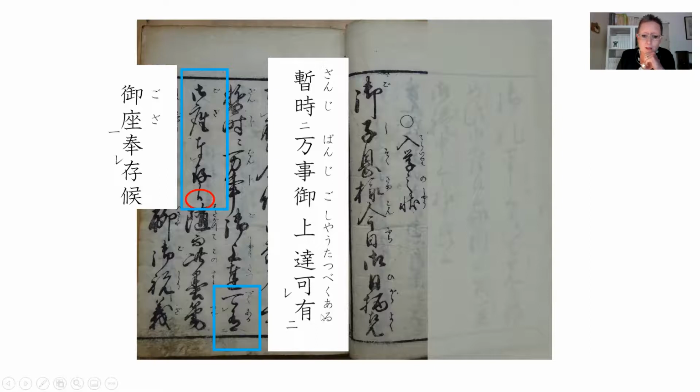This is the character for ari. Again, I would suggest that you stop the video and actually look very carefully at this ari because this is a very commonly used kanji in this particular cursive rendering. Aru, ari, the shushike would be ari, but it is read aru because it is followed by, or better, well, preceded, but actually we need to read it afterwards because of the reten, by beshi.